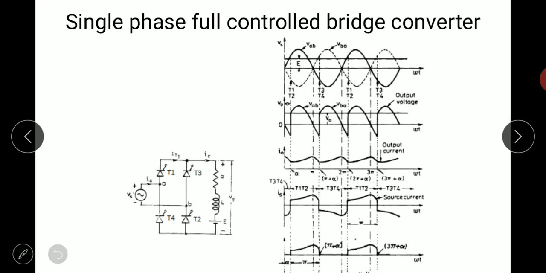And I have already stated that when T1 and T2 are conducting, load current I0 is same as supply current, and when T3 and T4 are conducting, then the source current is negative of load current. So load current is always positive. The nature of load current is a DC, but the nature of source current will be AC in nature.